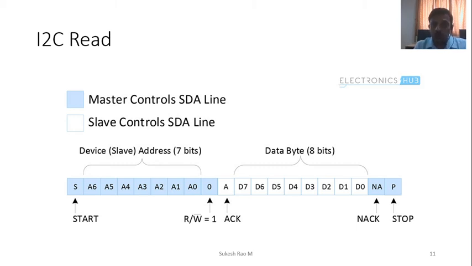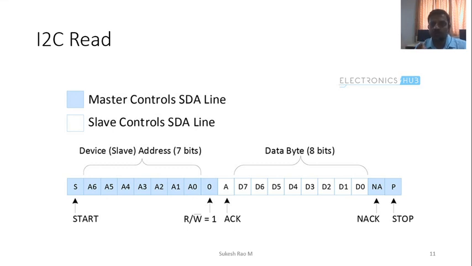The communication protocol has different stages, starting with the start condition, then the addressing, acknowledgement, read write, and stop. These are some of the signaling in I2C. So what do you mean by start condition? Start condition is the start of this protocol. Stop condition is the end of the protocol.